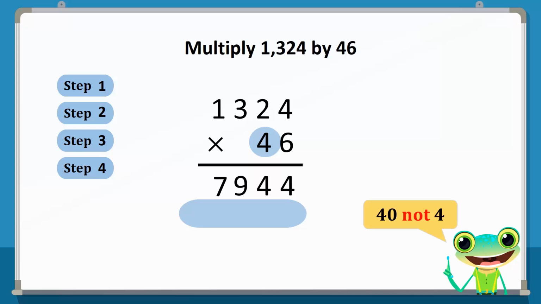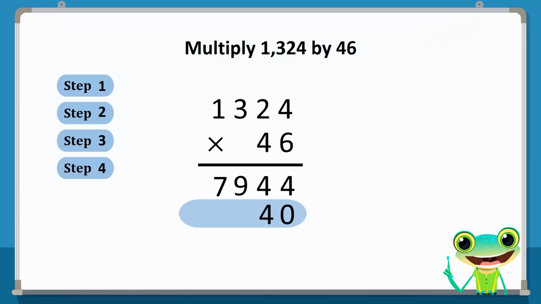This means it's 10 times bigger than 4. So, the answer that we get should also be 10 times bigger. Therefore, before starting multiplication, we put a 0 here, so that the answer is 10 times bigger. It means that all other digits will shift to the next number place.